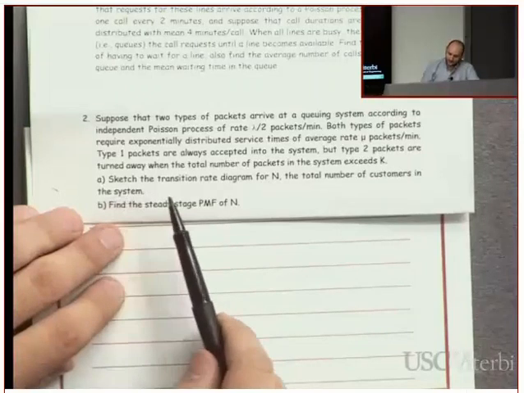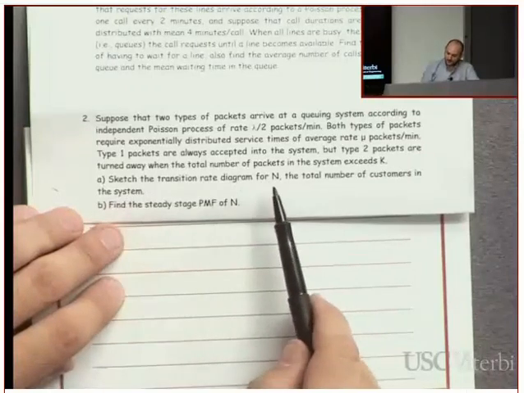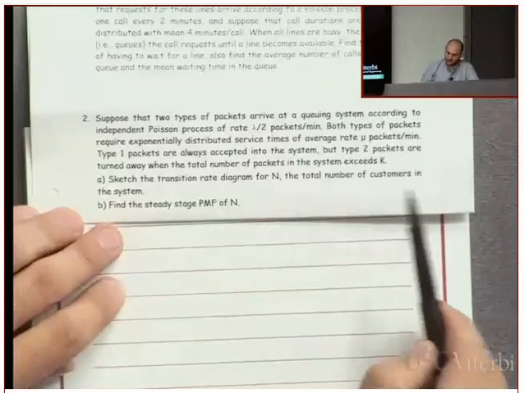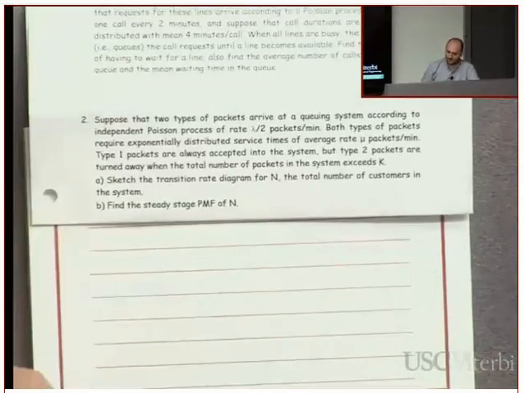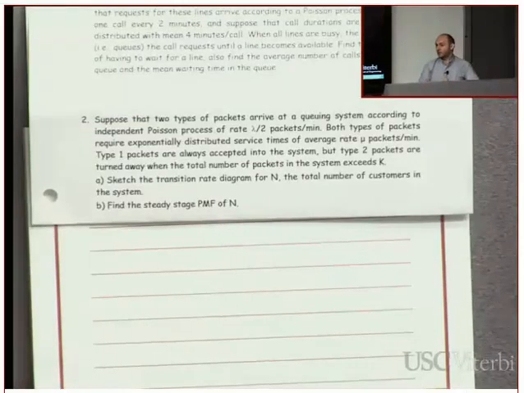First question is to sketch the transition rate diagram for n, where n is the total number of customers in the system. And B, find the steady state PMF of n, the probability mass function. Make sense? So we have a queuing system with two types of arrivals.